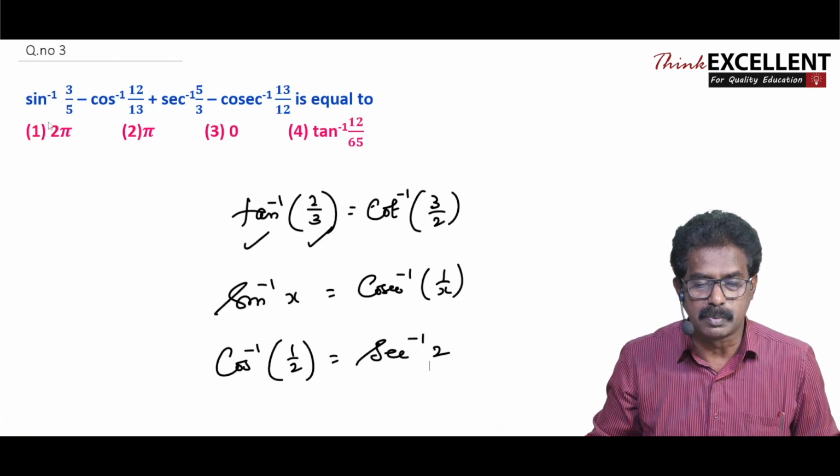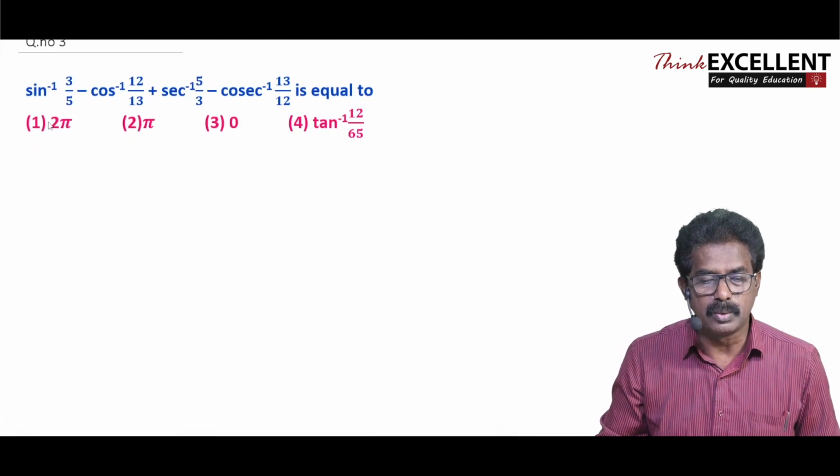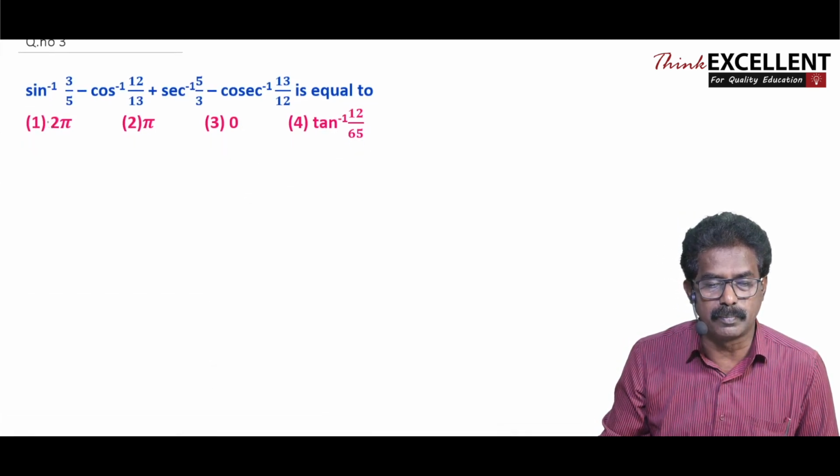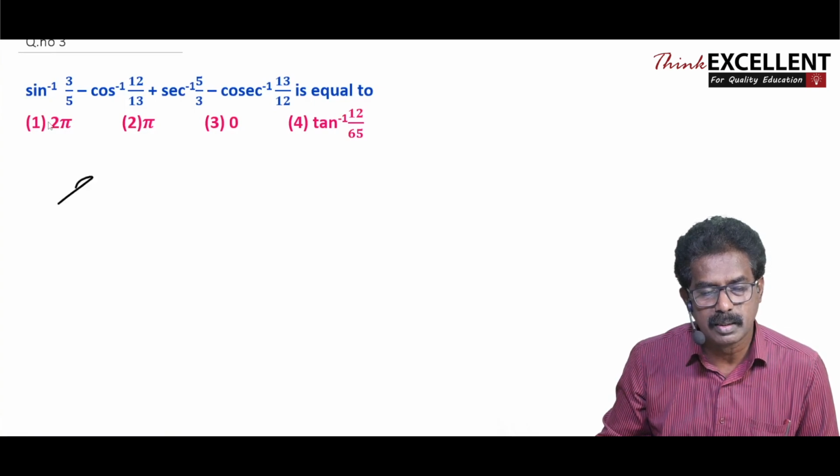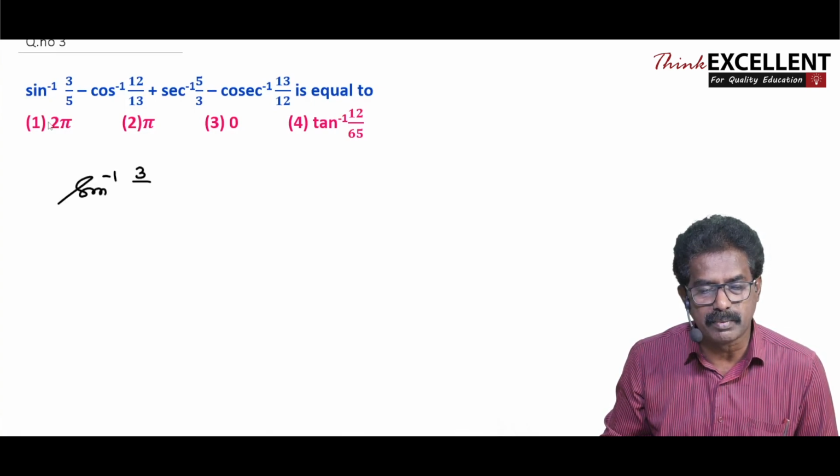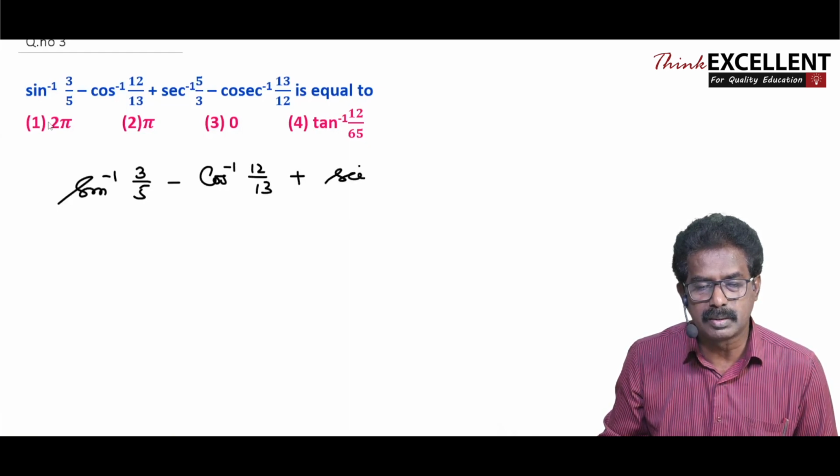So hope you understood this property. Using this, you can do this sum very easily. Look at this. What is given here? Sine inverse 3 by 5 minus cos inverse 12 by 13 plus secant inverse 5 by 3 minus cosecant inverse 13 by 12.